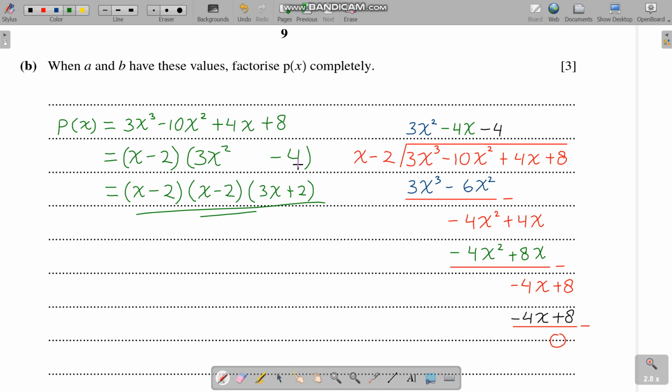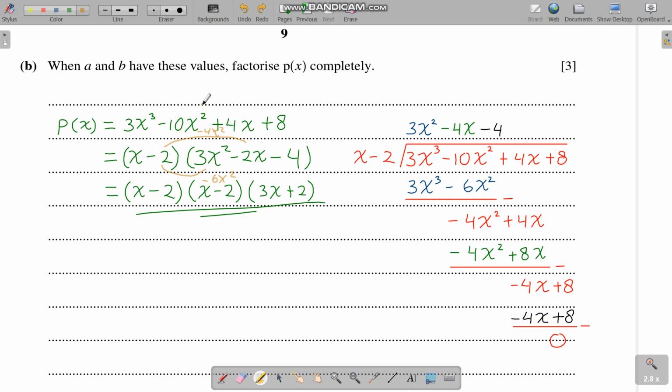Now if we analyze the x squared term, minus 2 times 3, we get minus 6x squared. But actually we have to make it minus 10x squared. So that means minus 2 must be multiplied by minus 2x. So now we have minus 4x squared minus 6x squared, which is minus 10x squared in the end.